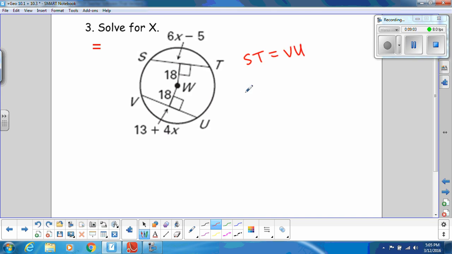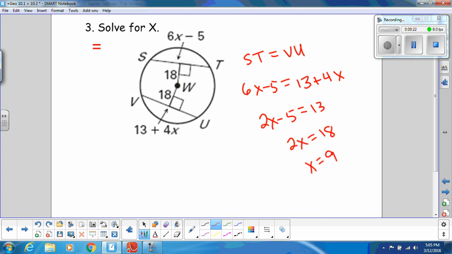We're going to set those equal to each other. 6x minus 5 is equal to 13 plus 4x. So I'm going to subtract the 4x and then add the 5. And then I'm getting x is equal to 9, and that's all they wanted me to solve for.